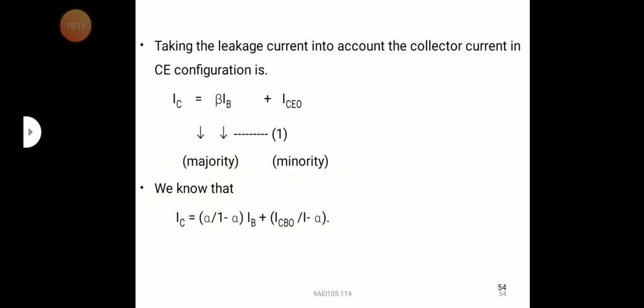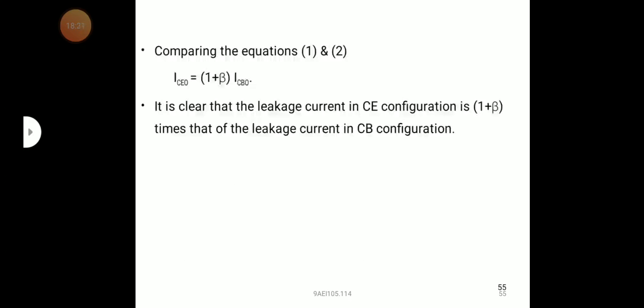So we know that IC equals alpha over 1 minus alpha times IB plus ICBO over 1 minus alpha, or IC equals beta IB plus 1 plus beta ICBO. So now equate ICEO equal to 1 plus beta ICBO.